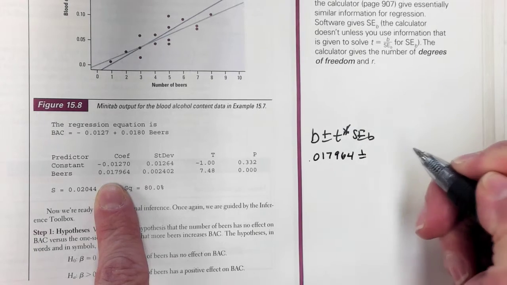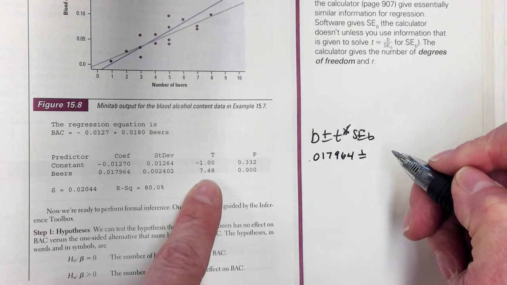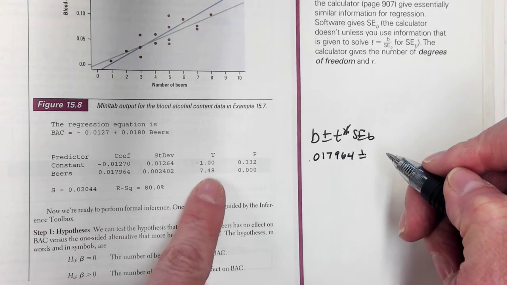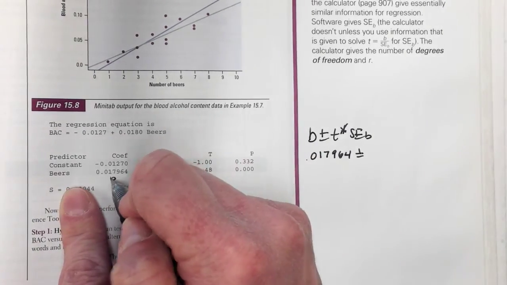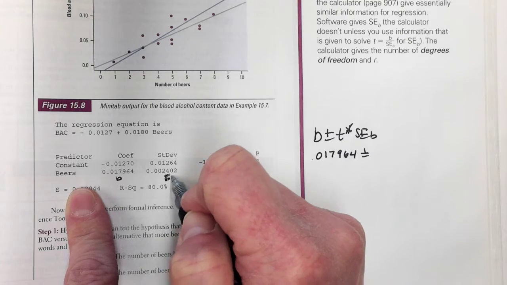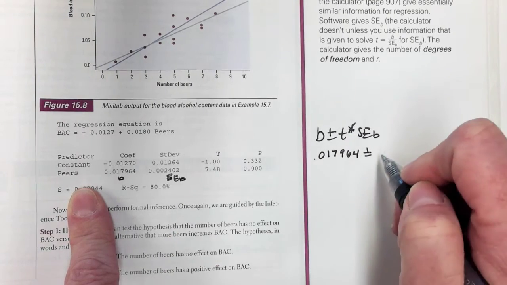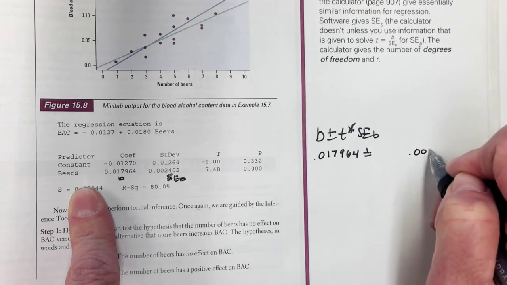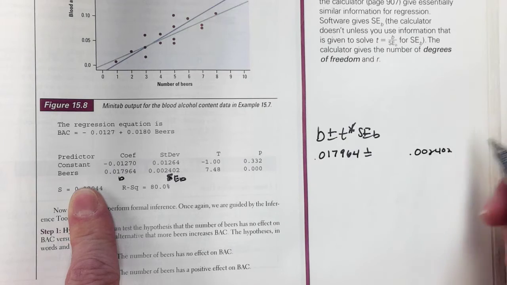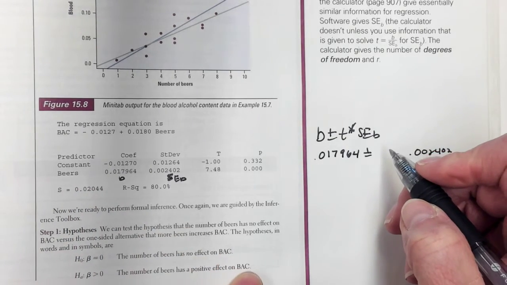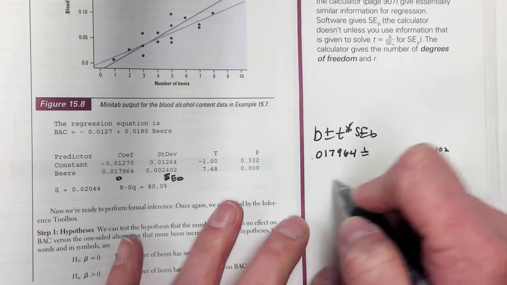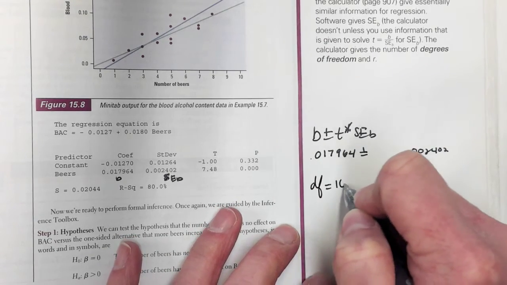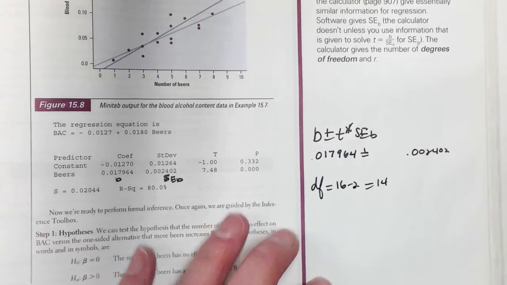So in this problem, it's 0.017964 plus and minus. Hey, let's see if that's the right t star. Don't get too excited. The standard error of B is 0.002402. On this one, our degrees of freedom is 16 minus 2, which is 14.